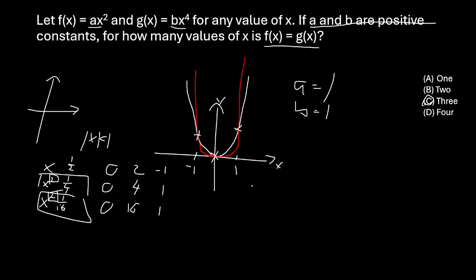I showed this for easy understanding, but they could actually look something like this, with one contact point here, and this and this. It could be negative the third root of 3 and third root of 3 or something, but there will always be 3 intersections.